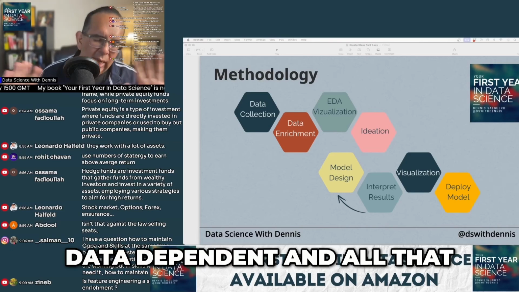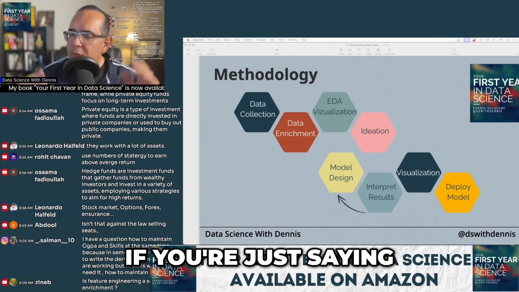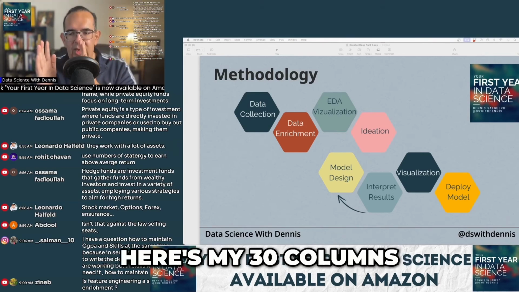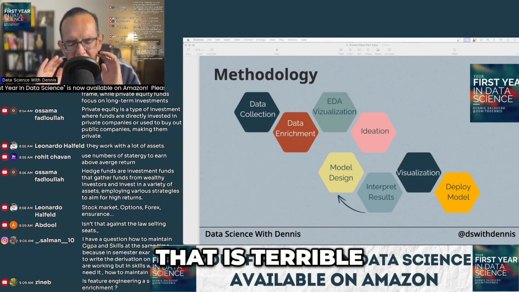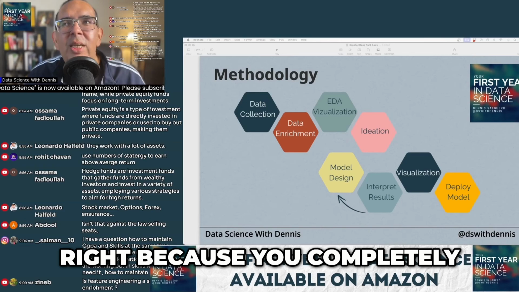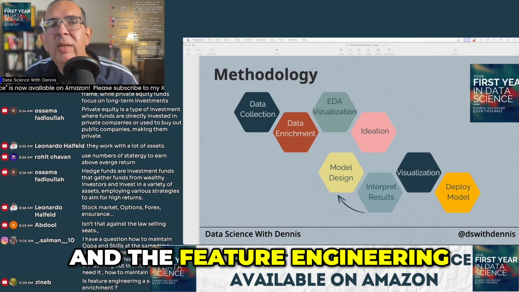I mean, I know it's all data dependent and all that, but if you're just saying, here's 30 columns from the client, here's my 30 columns that I'm doing features on, that is terrible, terrible data science, right? Because you completely have missed that enrichment and the feature engineering and all that.